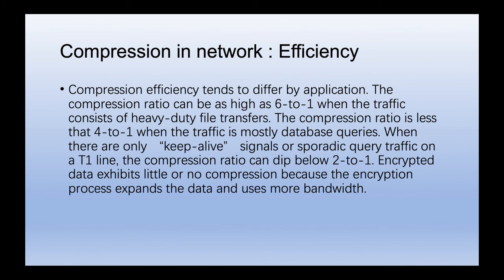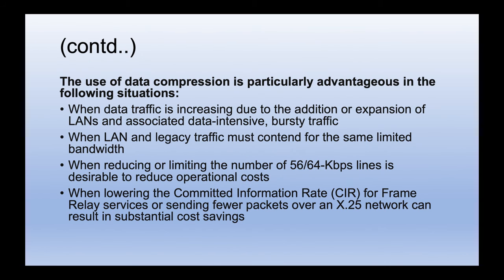The compression ratio is less than 4:1 when the traffic is mostly database queries. When there are only keep-alive sync signals or sporadic query traffic on a T1, the compression ratio can dip below 2:1. Encrypted data exhibits little or no compression because the encryption process expands the data.